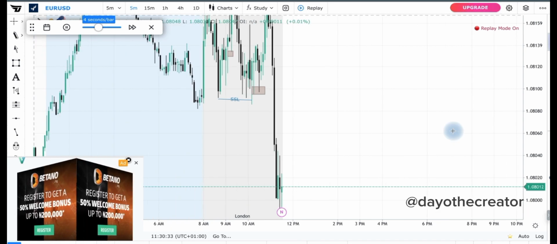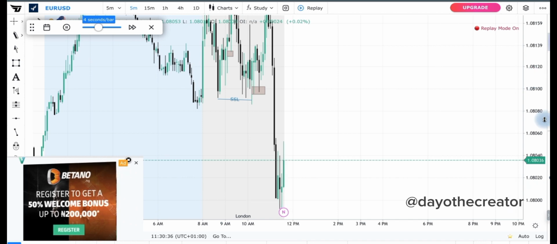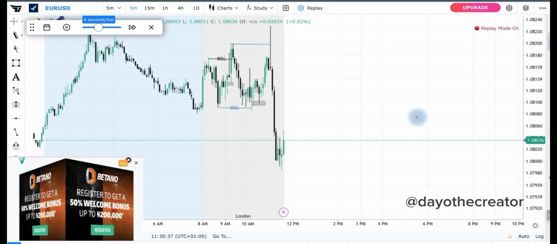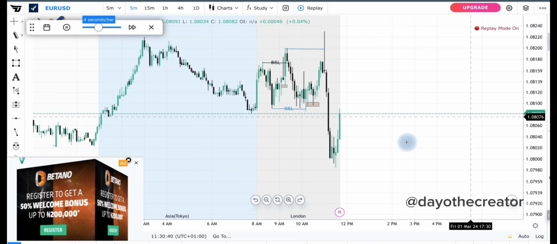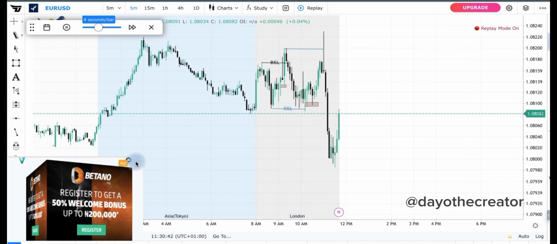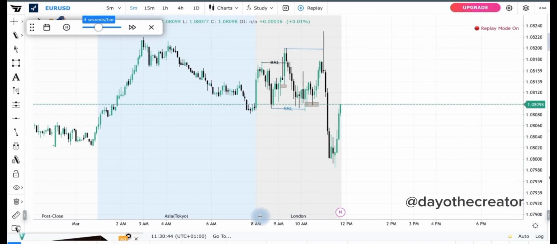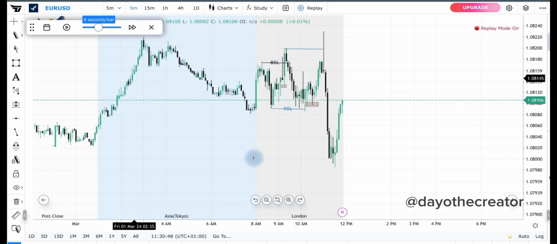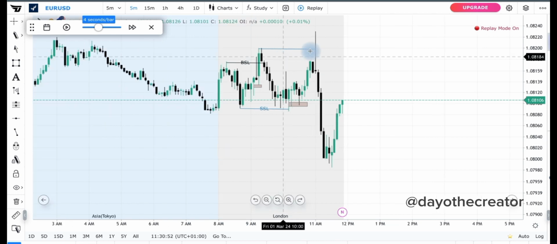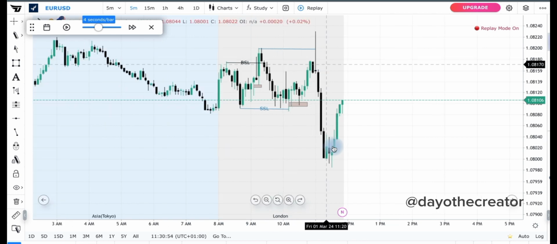And it's expected that you always go to the higher time frames to check what is going on, the bigger picture. As you can see, after it swiped the previous liquidity, it dumped down to the downside.